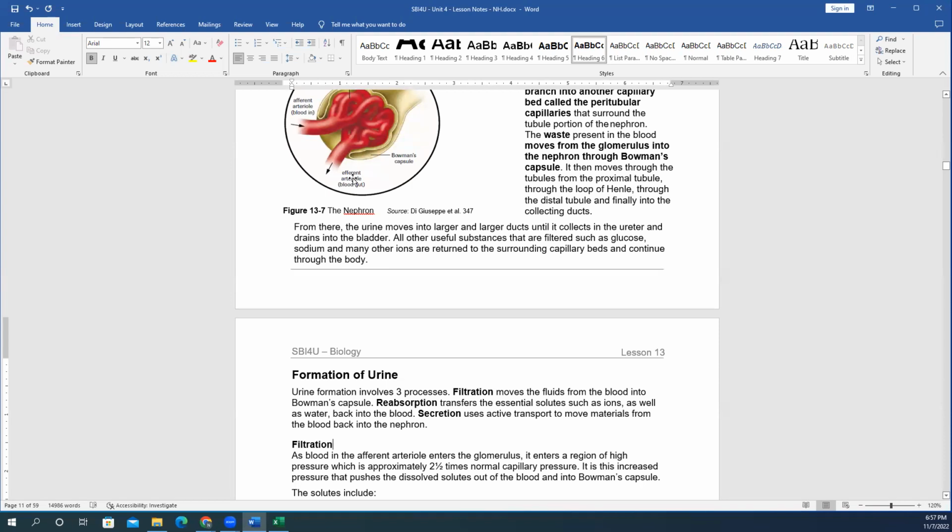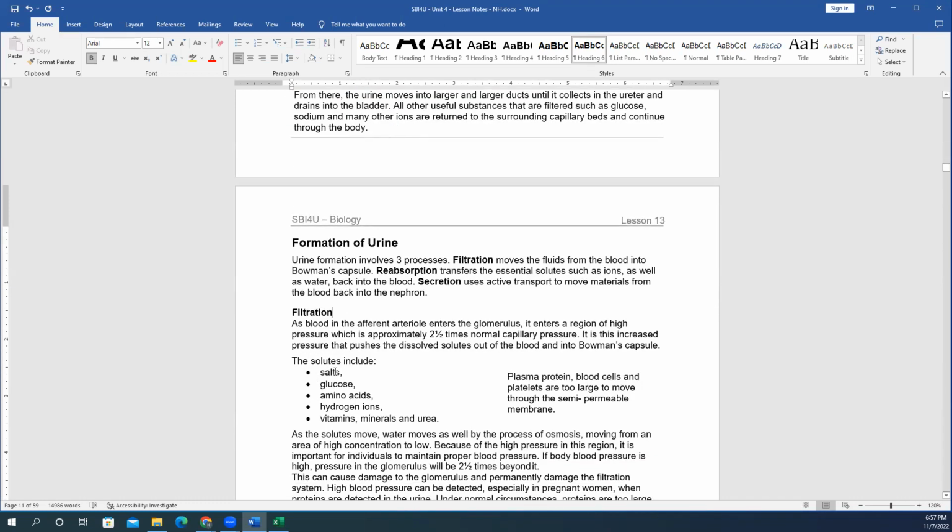And it is really this increase, this back pressure, that pushes those dissolved solutes out of the blood and into the Bowman's capsule. Solutes that include things like salt, glucose, amino acids, hydrogen ions, certain vitamins and minerals, and urea.